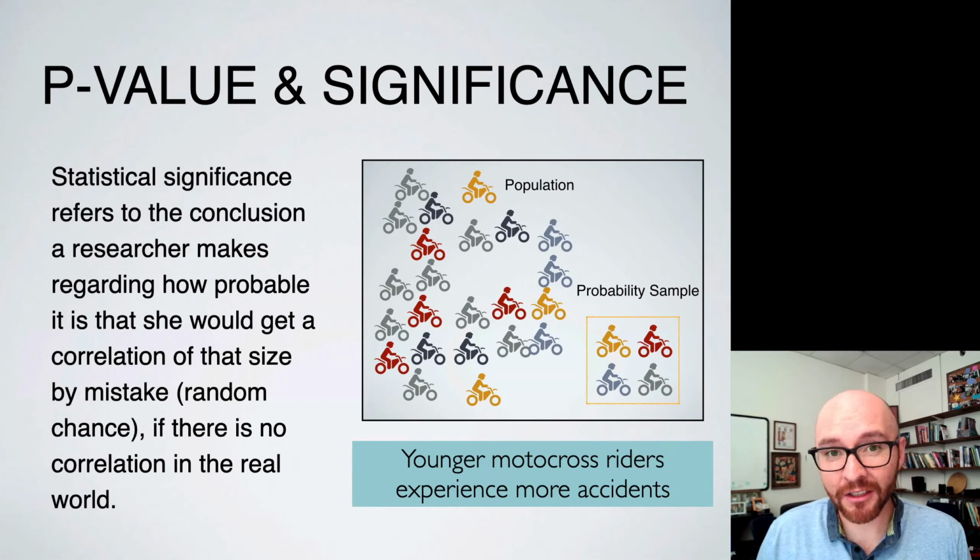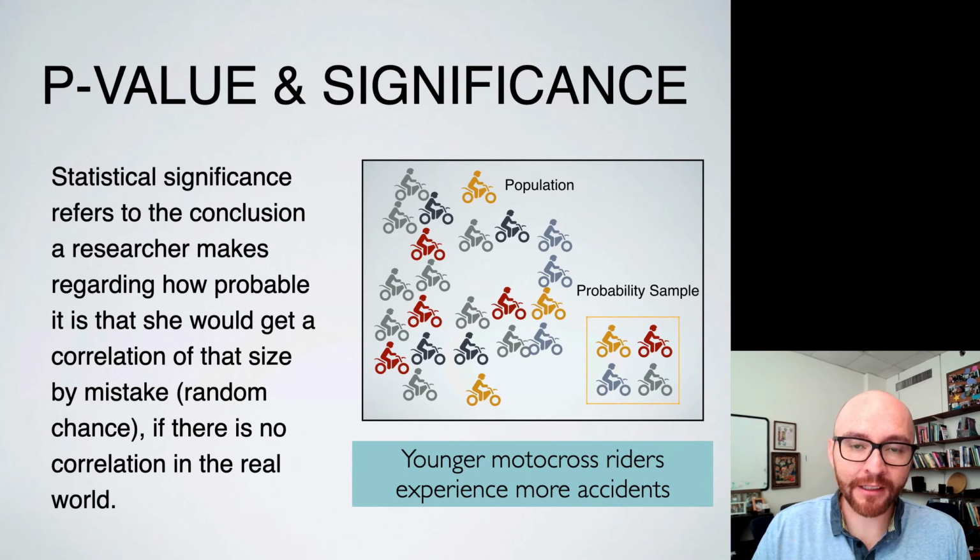If my p-value is 0.1, that means there's a 10% chance that I found these findings when they actually don't exist in the sample or population of interest, right? So keep that in mind.